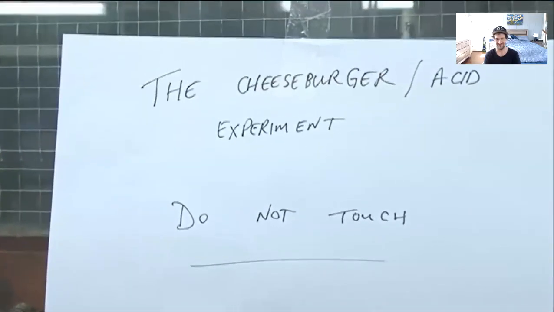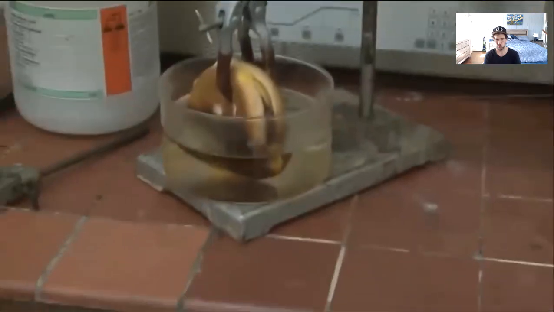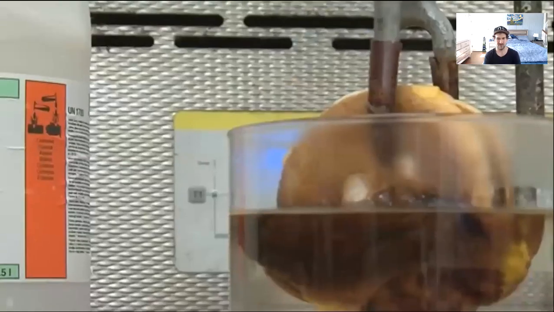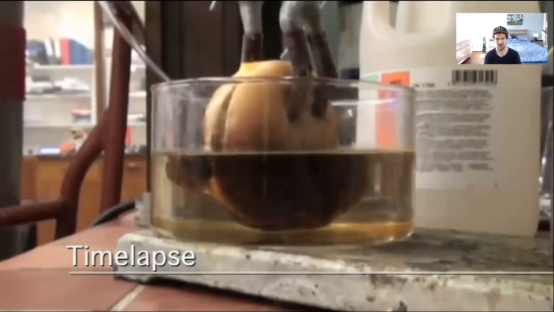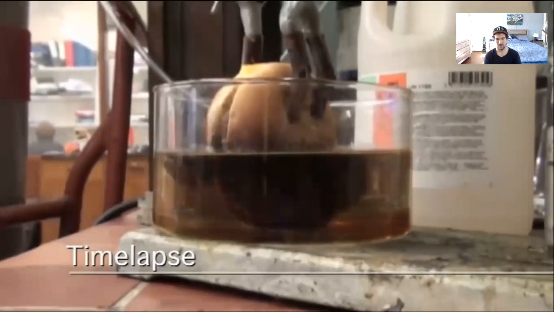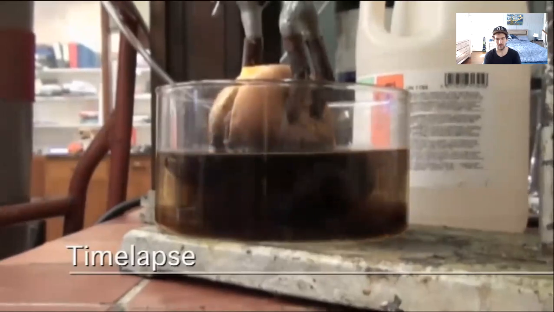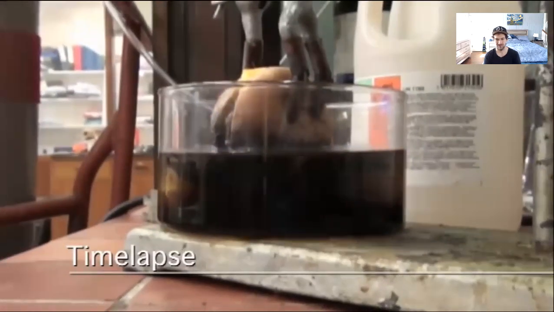So, as you're watching me, churning away in your stomach is hydrochloric acid, which is one of the first stages in which food is broken down into usable components to give you energy or make you fat. It's 3.5 hours. So we're going to see what happens to a tasty McDonald's cheeseburger after 3.5 hours of concentrated hydrochloric acid.